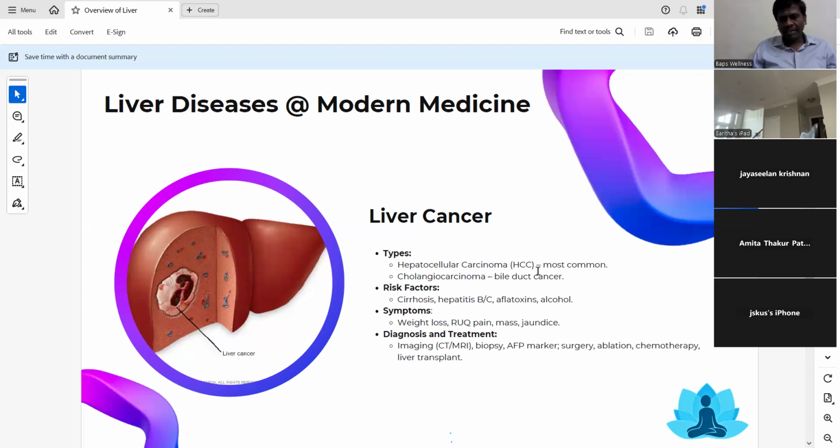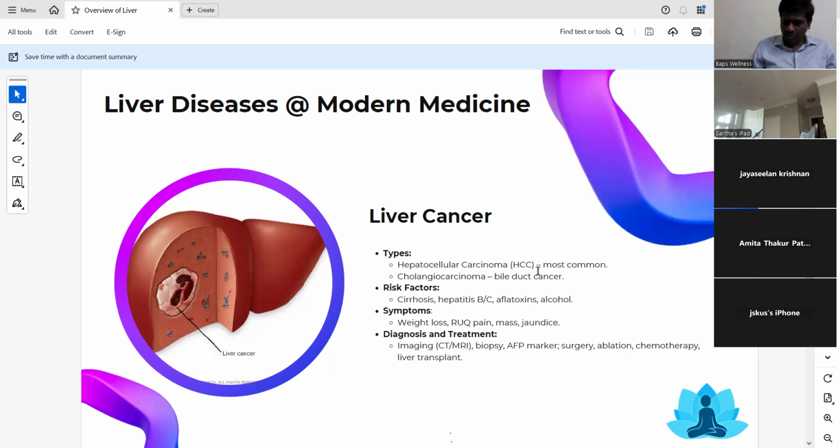The risk factors are cirrhosis, hepatitis B or C, aflatoxins, and alcohol. They favor or lead to liver cancer. Common symptoms: cancer in the sense normally means weight loss.